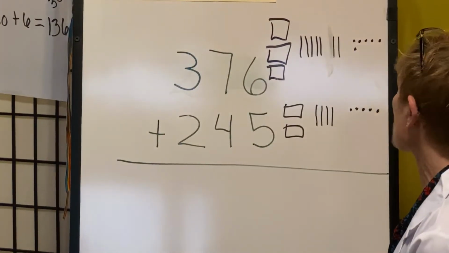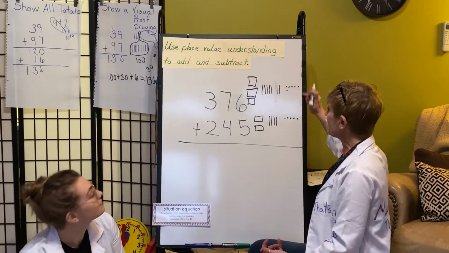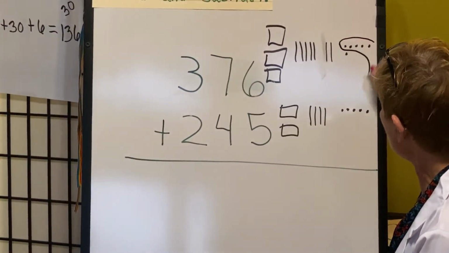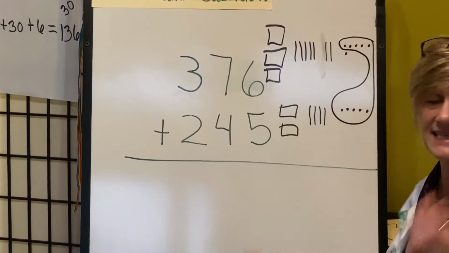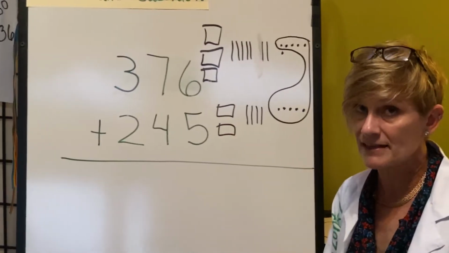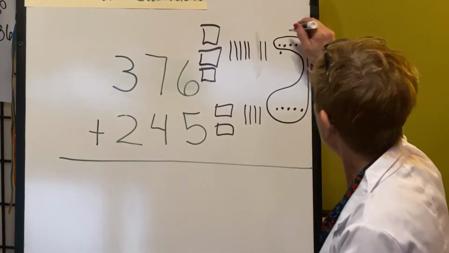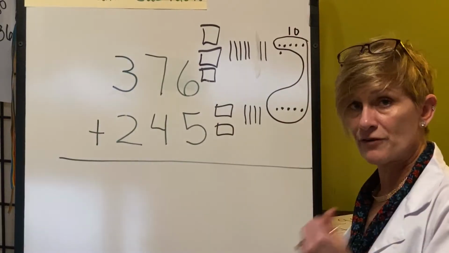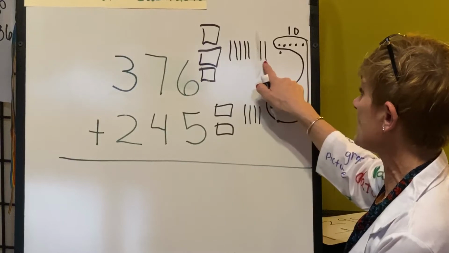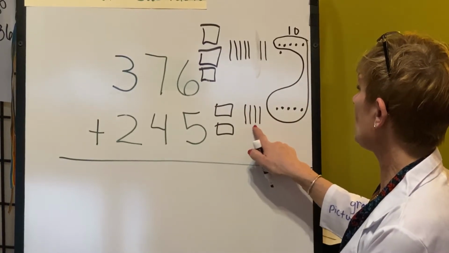So friends, I'm going to start off right away. I know that 6 and 5, when I put mine into a 10 frame, I right away see a 5 and a 5, and I make a 10. I also know 6 and 5 is 11. But I've made a 10, my friends. That's my 10. I'm going to make a 10 right here so I don't forget. And then I'm looking at my 10s. I have 70, 80, 90, 100.